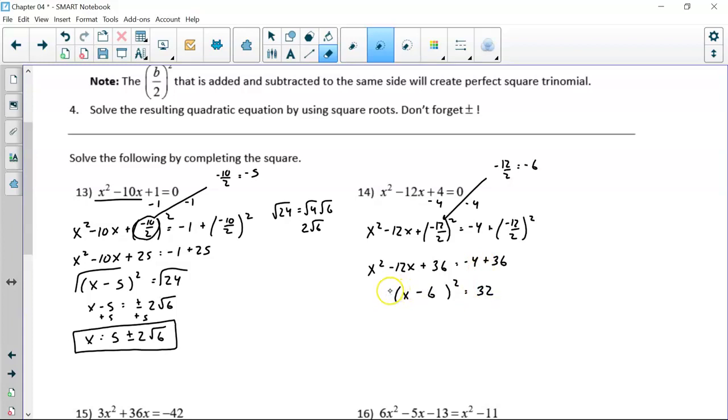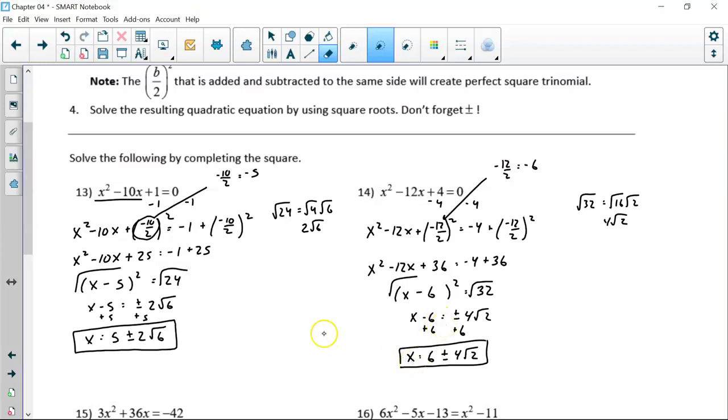Now that it's factored, we take the square root of both sides, so we get x minus 6 equals plus or minus, and the square root of 32 is the square root of 16 times the square root of 2, so it's 4 square root of 2. And then we add 6 to both sides. So x equals 6 plus or minus 4 square root of 2. And there's our answer.